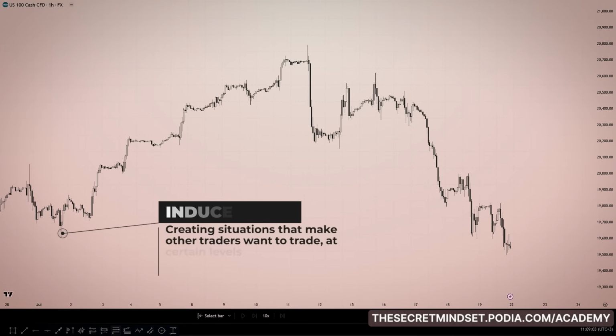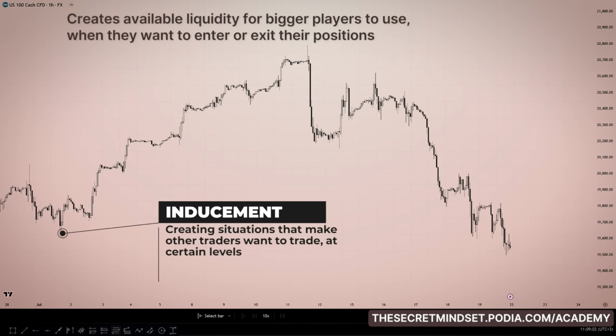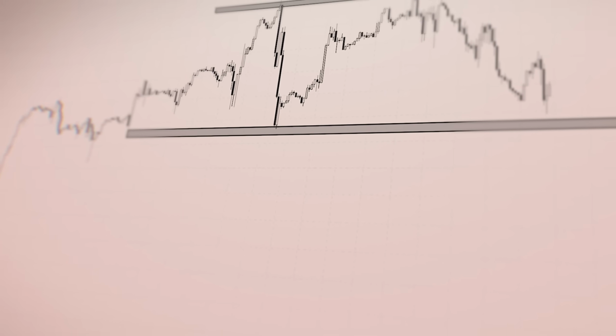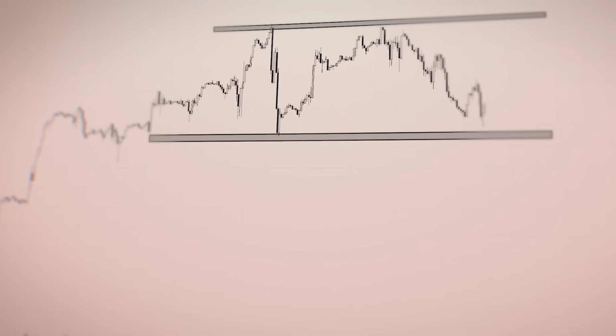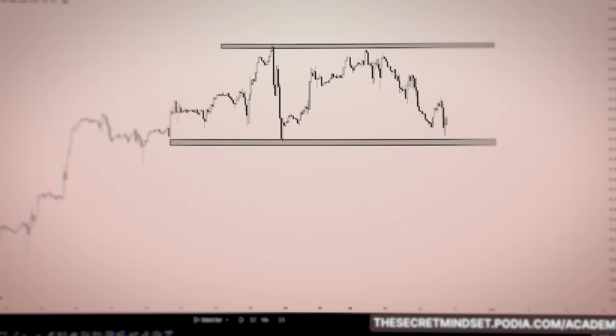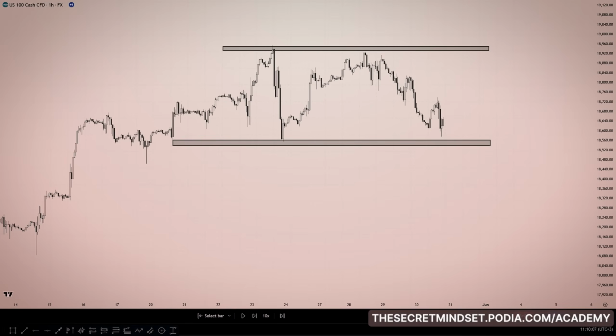Inducement is about creating situations that make other traders want to trade at certain levels. This creates available liquidity for bigger players to use when they want to enter or exit their positions. To understand this better, let's look at how the market is structured. When we look at charts, we see highs and lows.